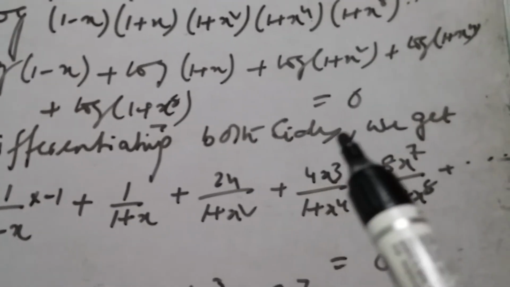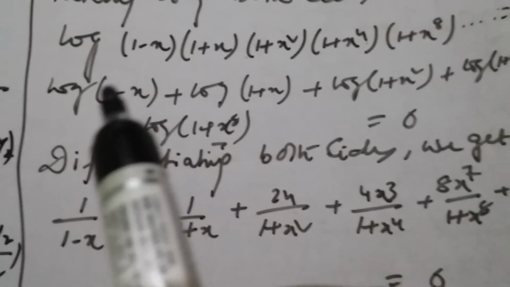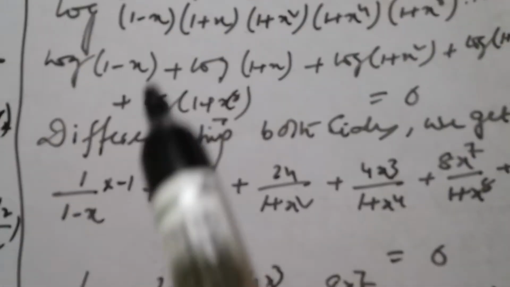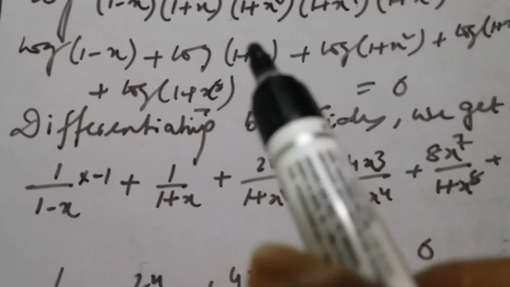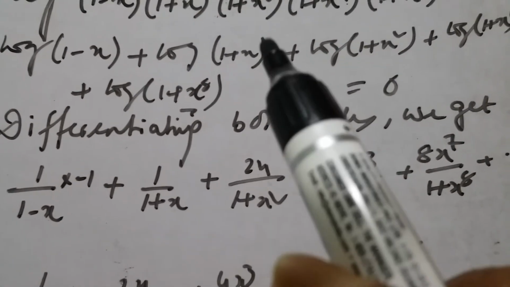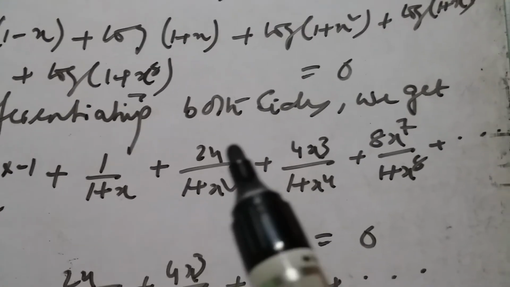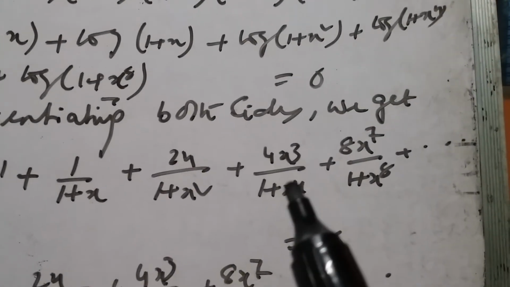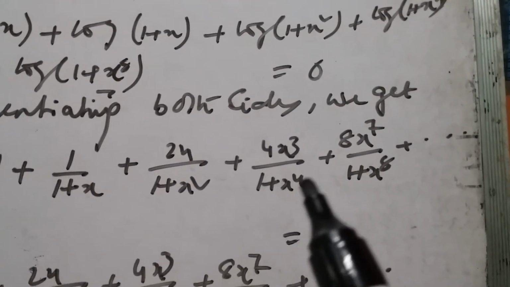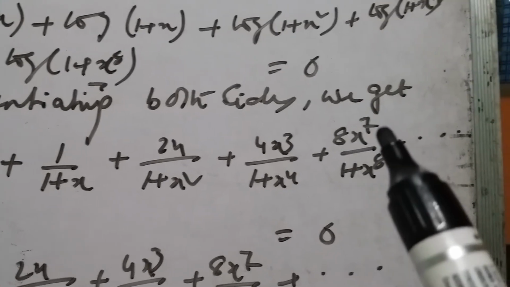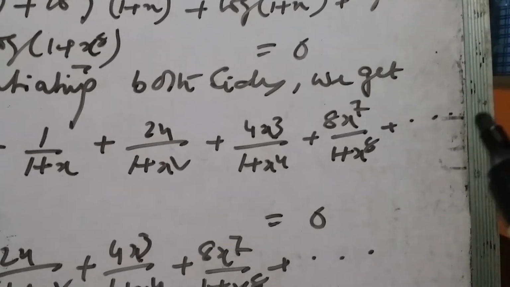Differentiating both sides, we get minus 1 by 1 minus x times minus 1, that is 1 by 1 plus x, plus 2x by 1 plus x square, plus 4x cube by 1 plus x4, plus 8x7 by 1 plus x8, plus dot dot dot, equal to 0.